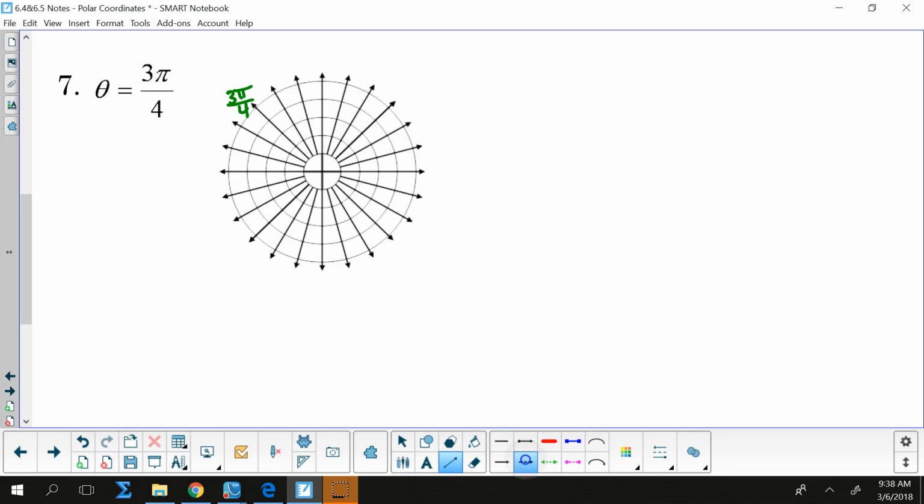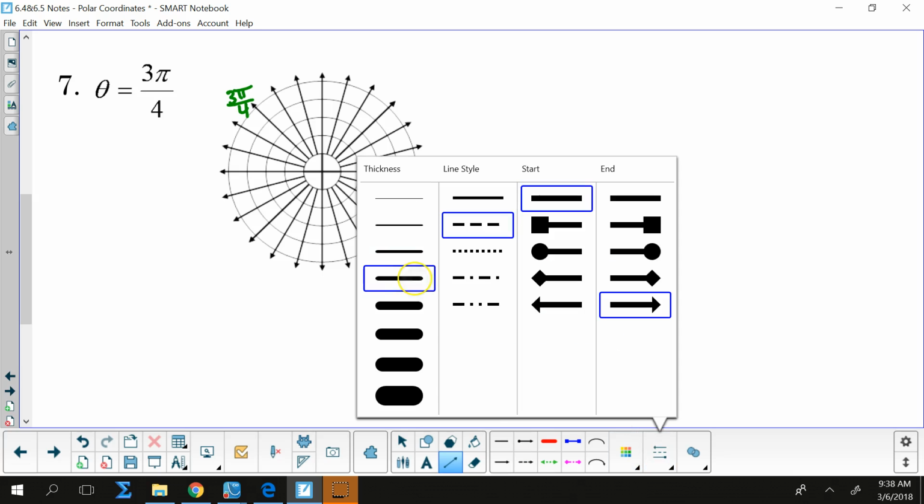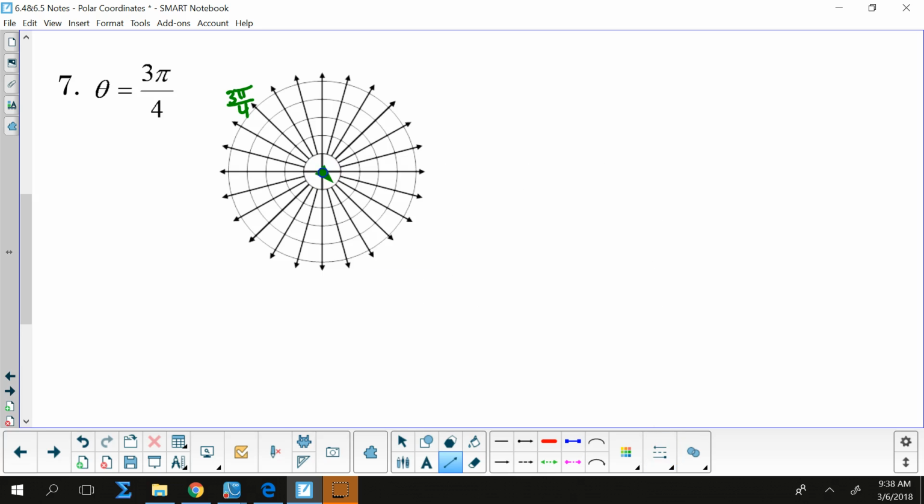Well, let's see. Let's talk about this one. So we've got here, we've got there, I've got that. That's what I want. So we're going this way. Does everybody agree with that? That's my 3 pi over 4 direction. Now, let's go back to the equation that was given. The equation that was given was theta equals 3 pi over 4.